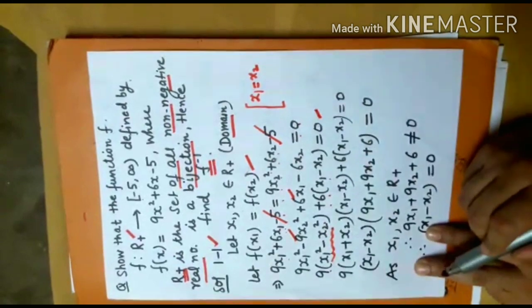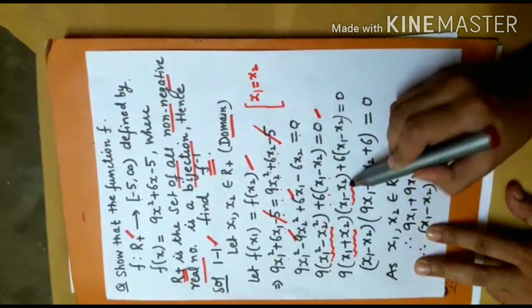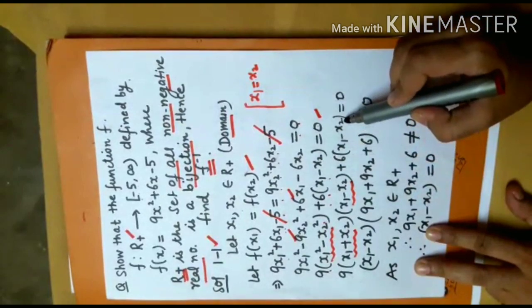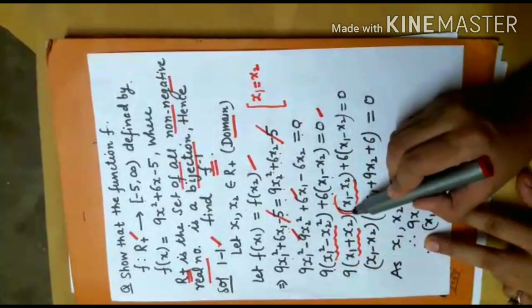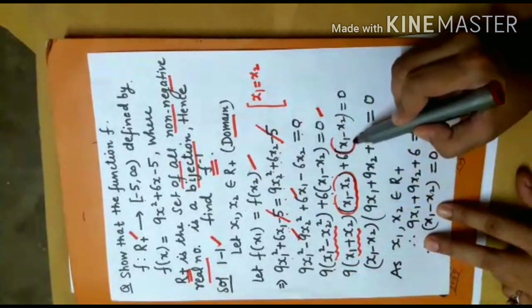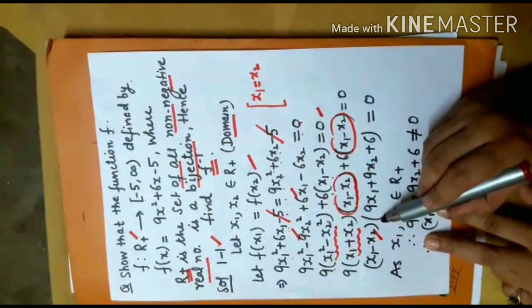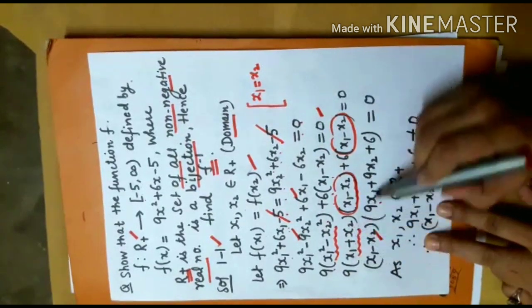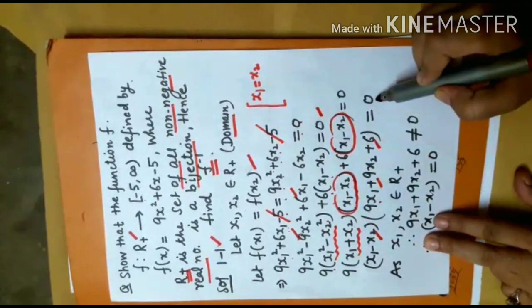I have factorized this. The factors are (x1 + x2)(x1 - x2) + 6(x1 - x2). Now from these two terms I can take this factor common. So (x1 - x2)(9x1 + 9x2 + 6) = 0.